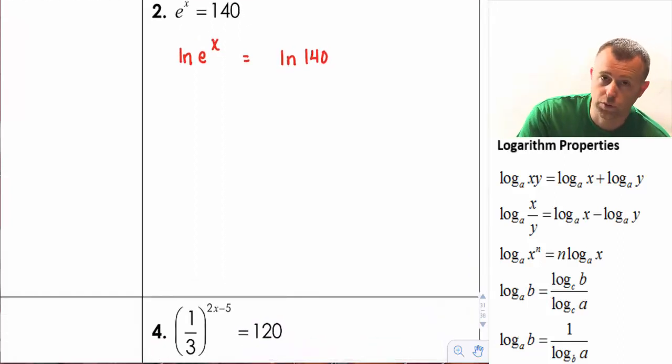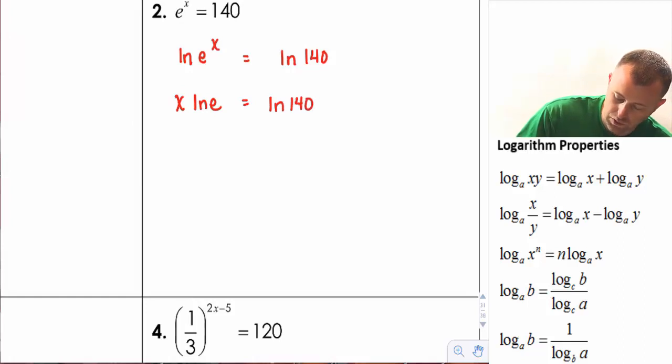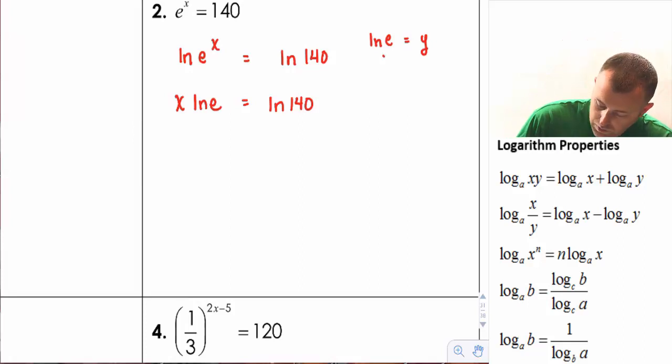First, we're going to use that power rule, which means I'm going to take this x and move it out front. That's going to be x times the natural log of e equals the natural log of 140. And here's what's really nice about this. The natural log of e, if I tried to solve that, I would put an e on the bottom because that's the base of the natural log.